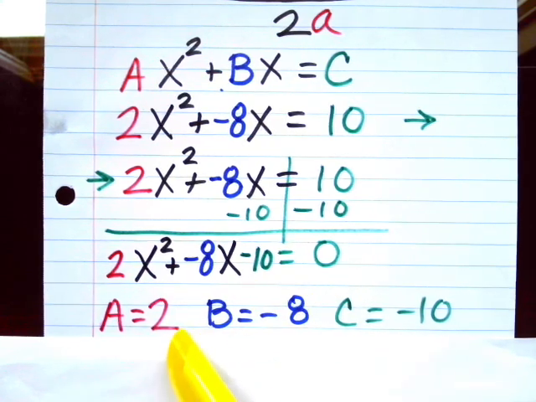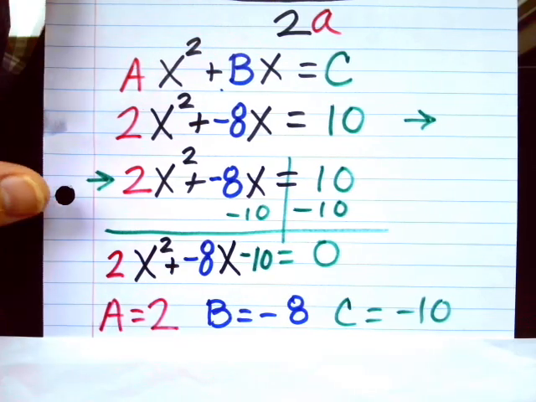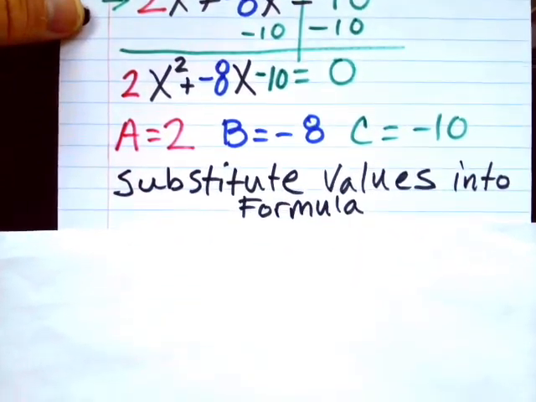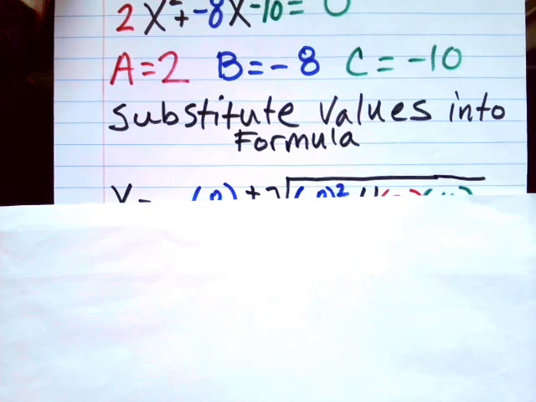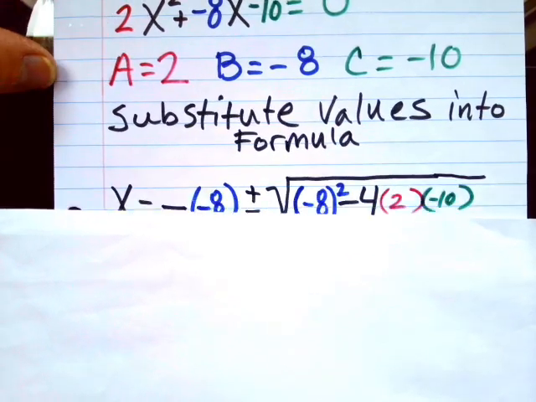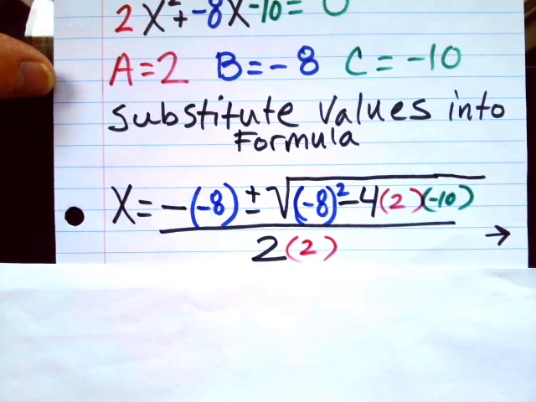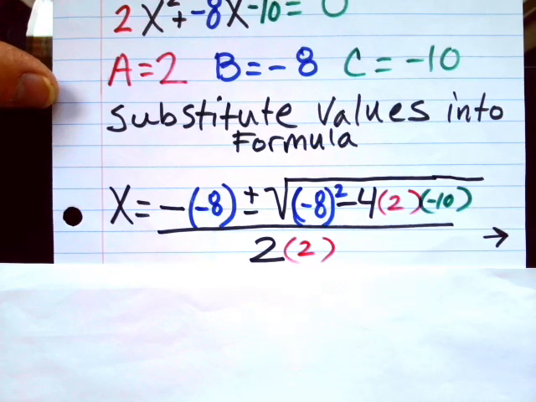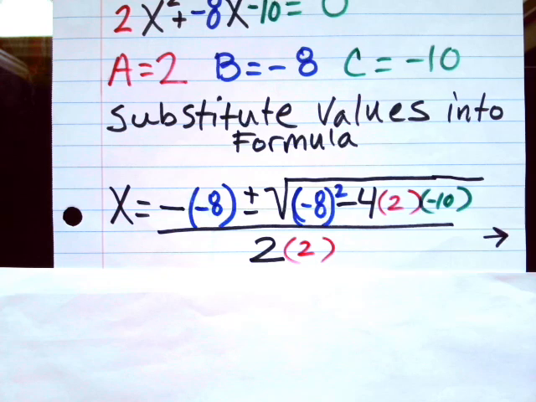I'm going to take each of these values, substitute them into the formula one at a time. And if I'm going too quick, pause, stop, rewind, and take a look. If it's the formula, if it's the equation, if it's setting equal to 0, just take your time, pause, take your time, and rewind as many times as you have to.